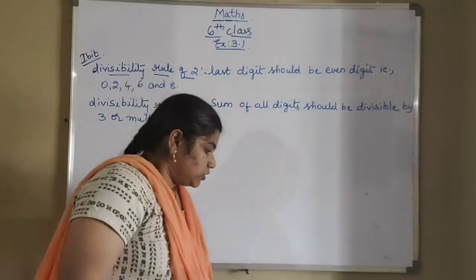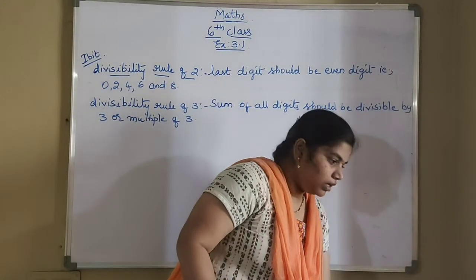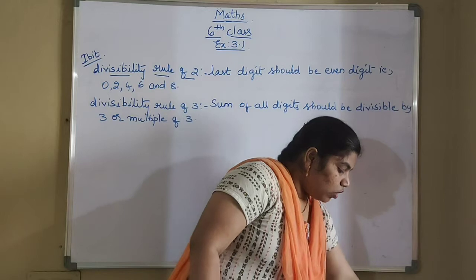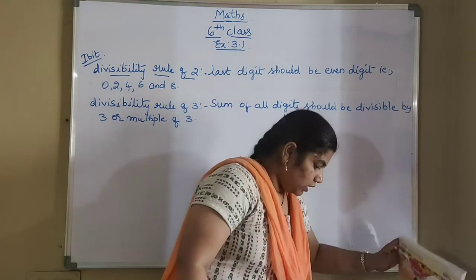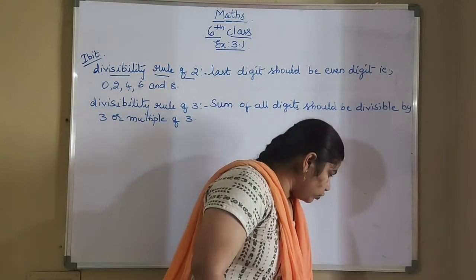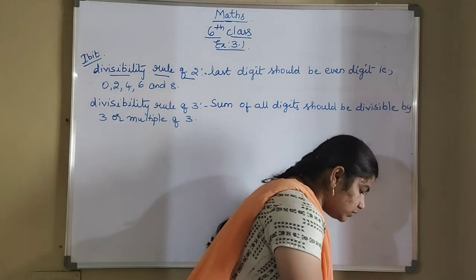After adding, the result should be divisible by 3 or it should be a multiple of 3. So next they are asking the divisibility rule of 6. What is the divisibility rule of 6?